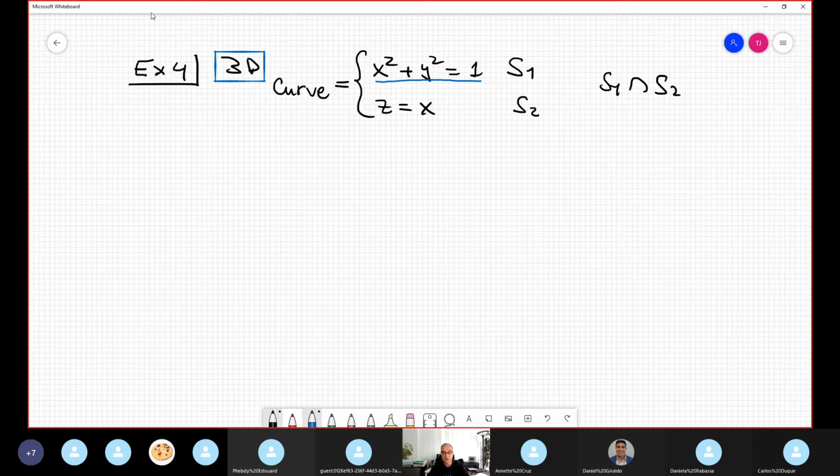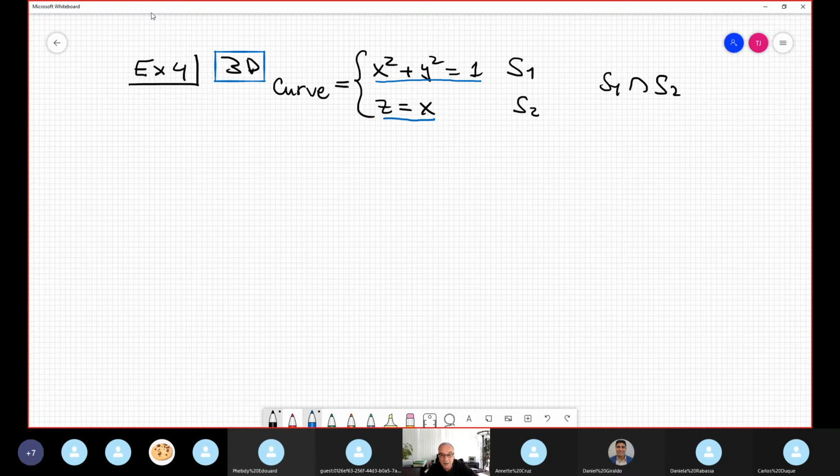And what about the second surface? What kind of surface that you know very well is this? Please help me.